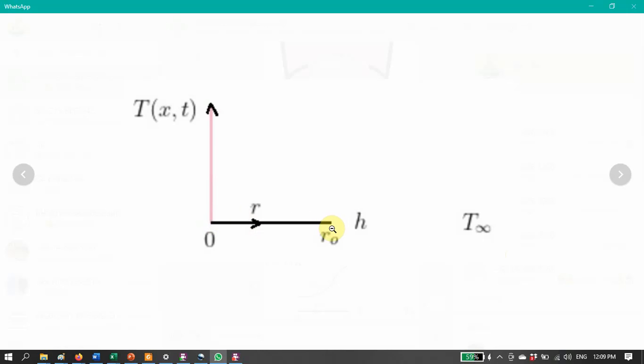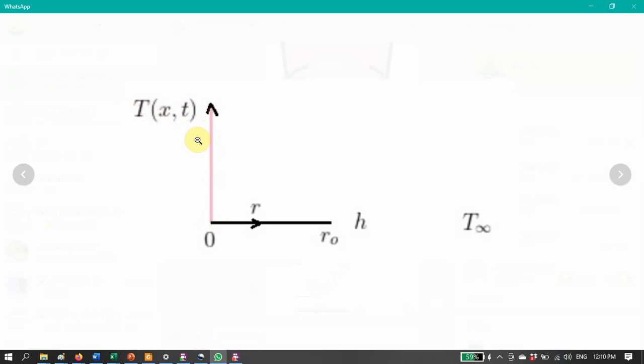Okay, so at the end of this maximum radius is the heat transfer coefficient h, and then away from it is the fluid temperature, and the figure tells us that the temperature varies with r and t, right?